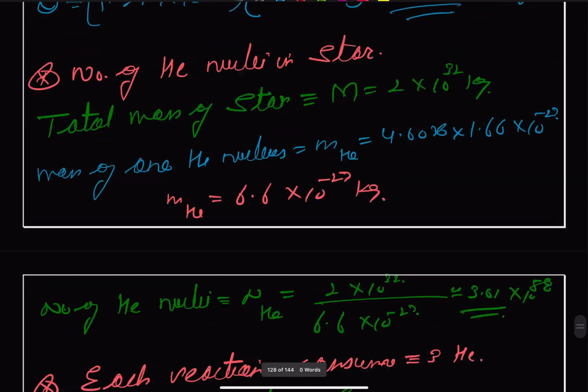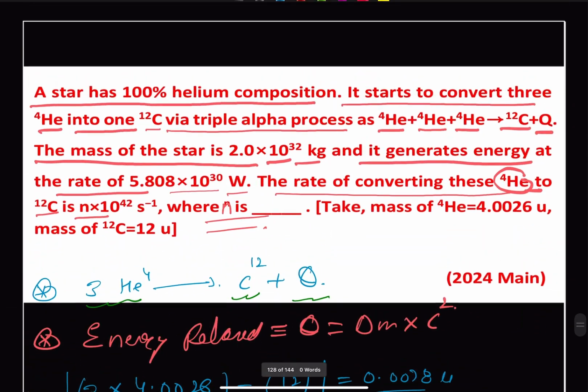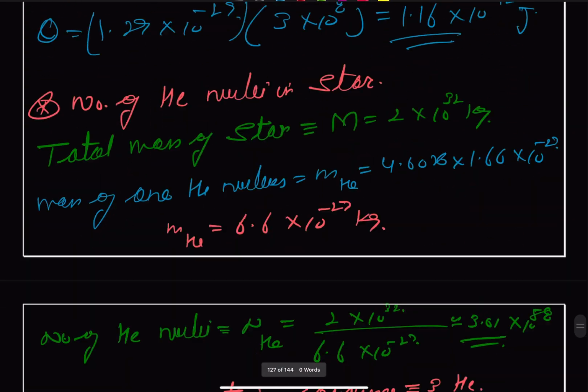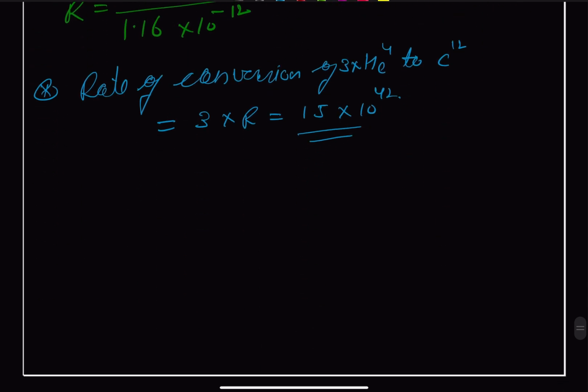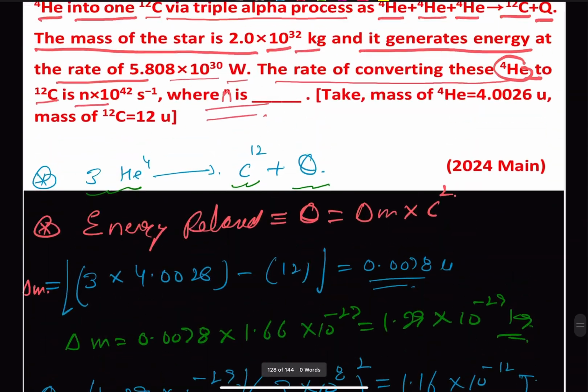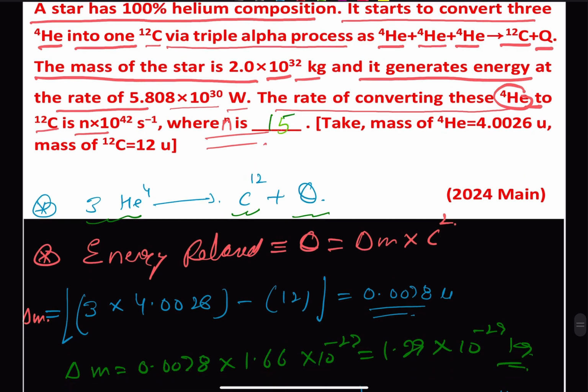But this is given to us as n into 10 to the power 42. Therefore, the value of n is approximately 15.